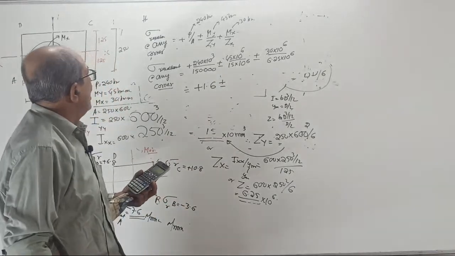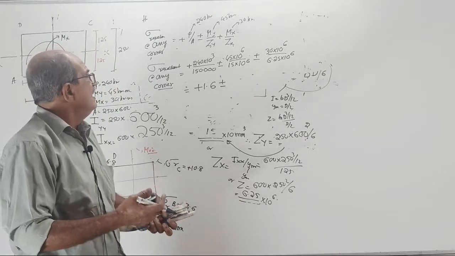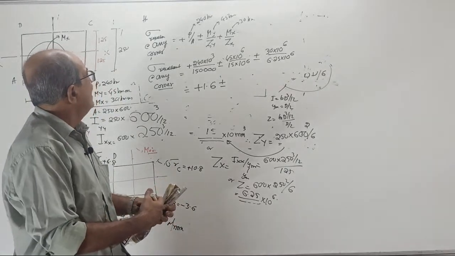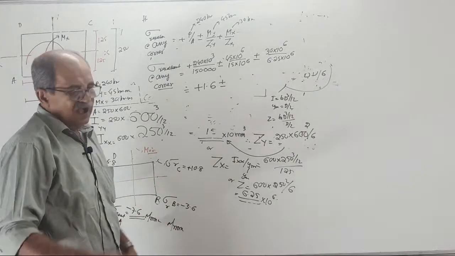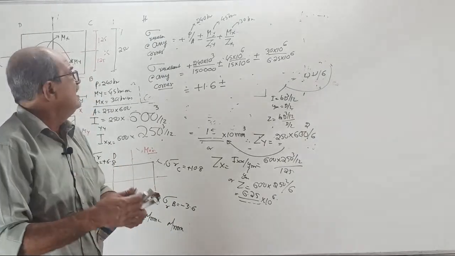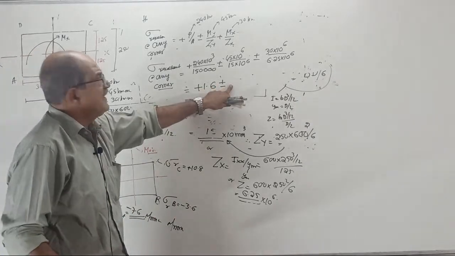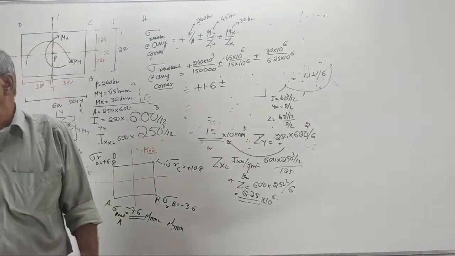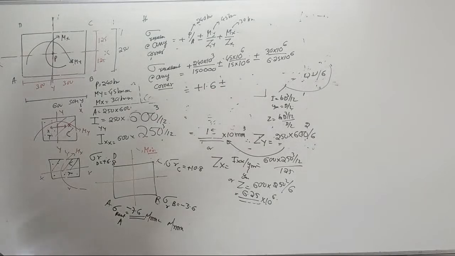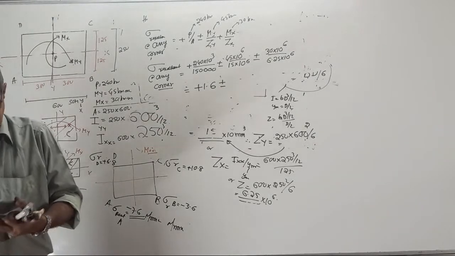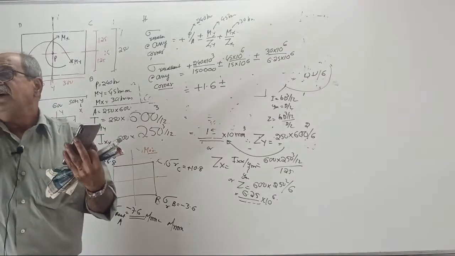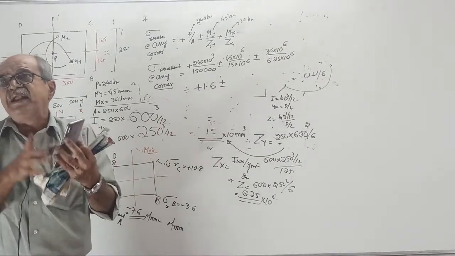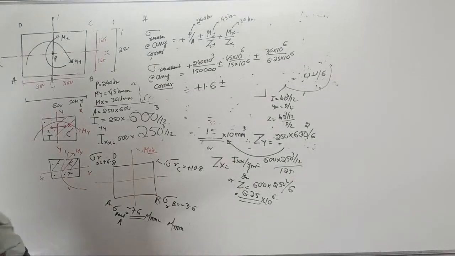Something went wrong. How much did it come last time? Something you made mistake. First equation 1.6. What is second number you got in the equation for stresses? No. Correct, because that was for any fiber. Y is pending.